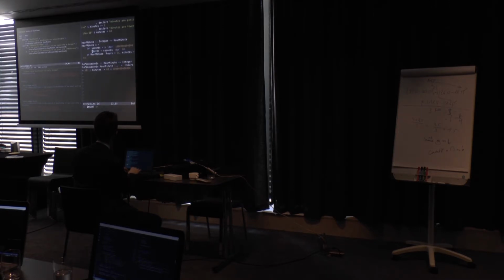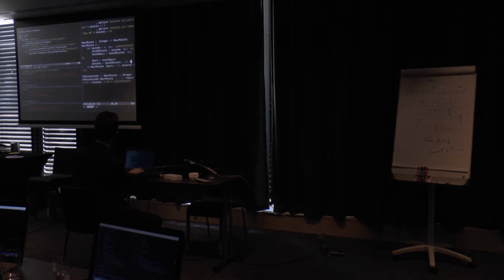And I'm going to call this total minutes, and total hours is total minutes divided by 60. And then hours is total hours, minutes is total minutes minus 60 times hours. I think this is it.